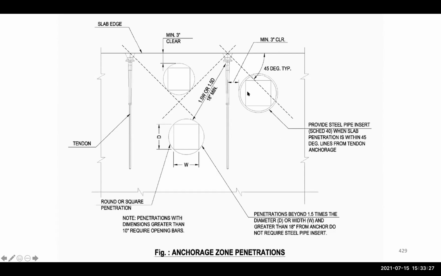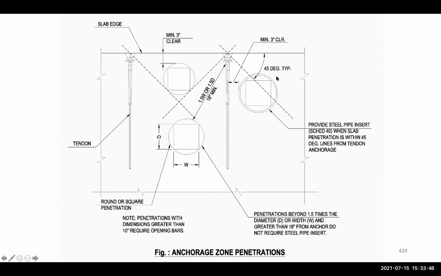This is the tendon here. Here we have some holes and openings within the slab. Then, at 45 degrees, where do we go? A large force will be applied here. Where would that opening be? Where would that sleeve be?